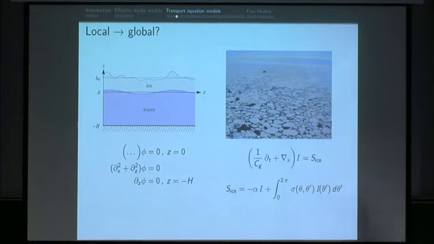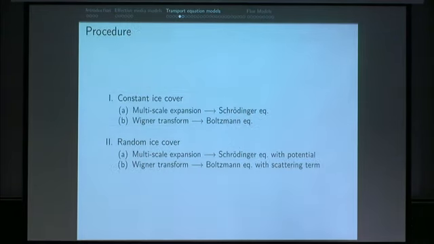So I tried different things, and one thing I tried, which kind of worked, was to consider a homogeneous ice cover, but its thickness is perturbed somehow. So, the procedure I'm going to go through now is, I do the things twice. First, I consider a constant ice cover, constant thickness.